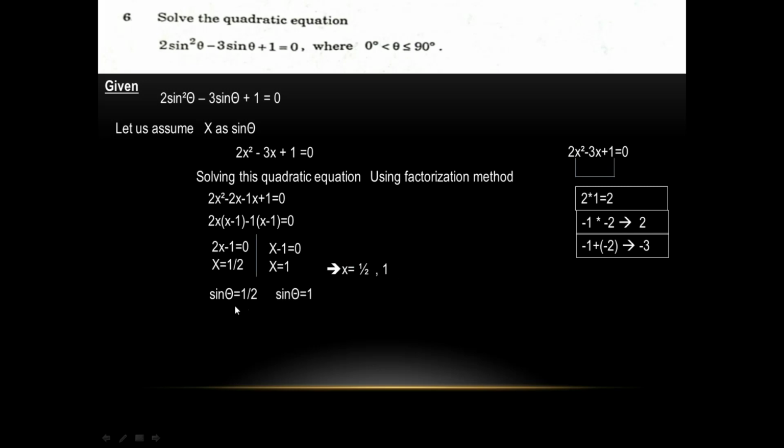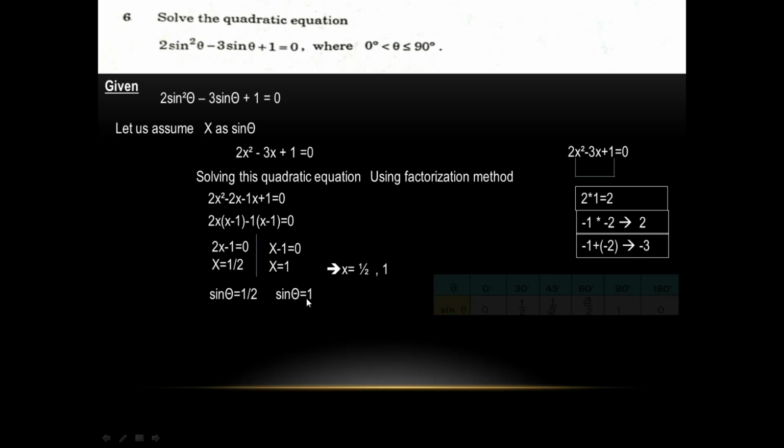So sine theta is equal to 1 by 2. Here we need to substitute sine theta in place of x. So sine theta is equal to 1 by 2, and sine theta is equal to 1.